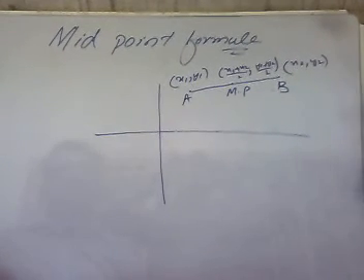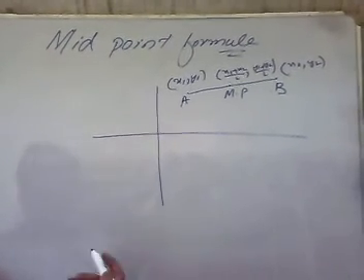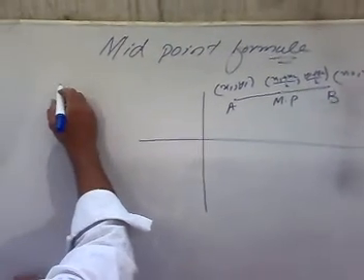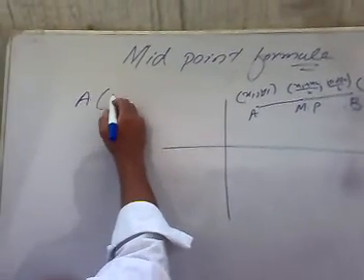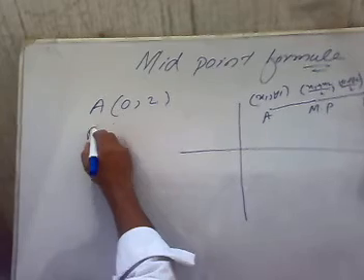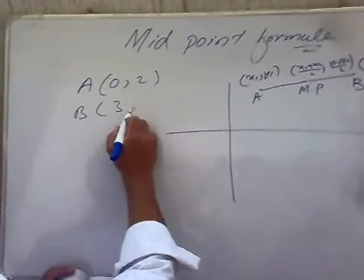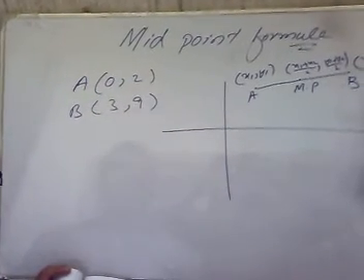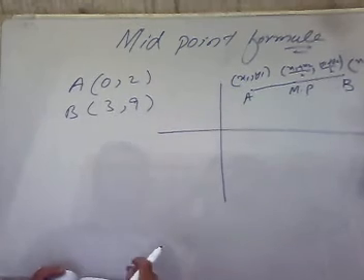If we move towards the numerical values, suppose we have 2 points. Suppose A is (0, 2) and B is (3, 9), and we want to calculate the midpoint between these 2 points.